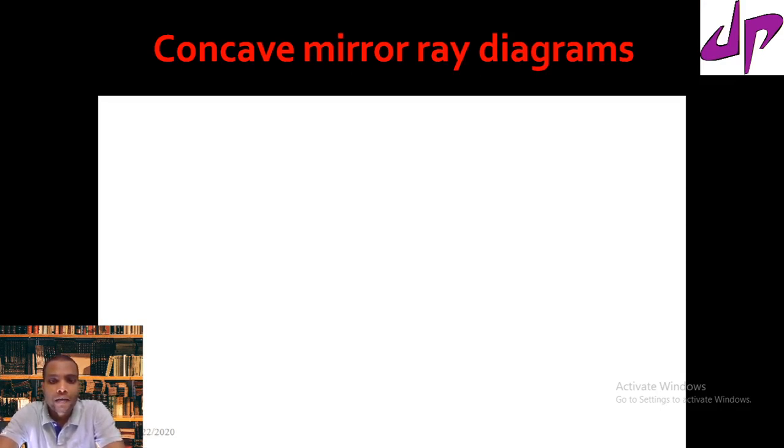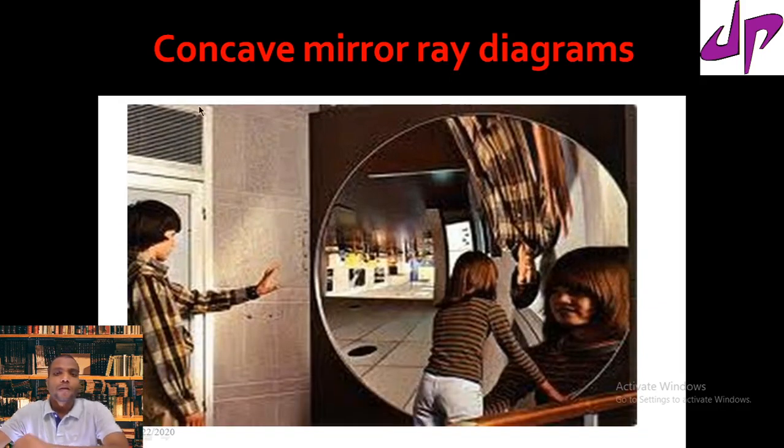Concave mirror ray diagrams. Observe this picture here. This is a big concave mirror. It's a very big concave mirror, and in front of the concave mirror two children stood, but they are both at different positions.